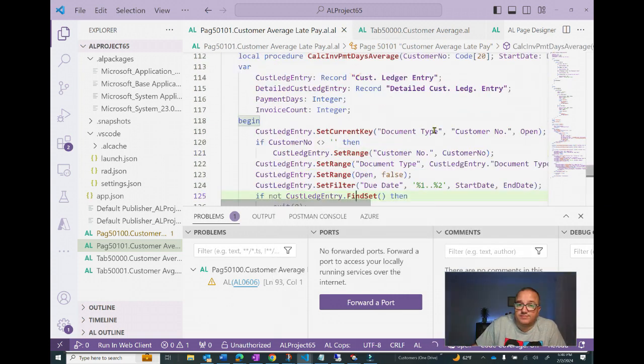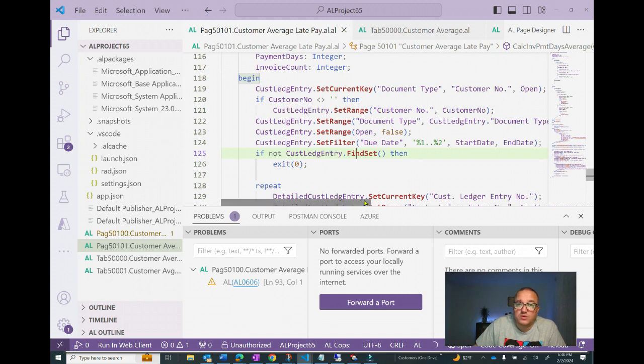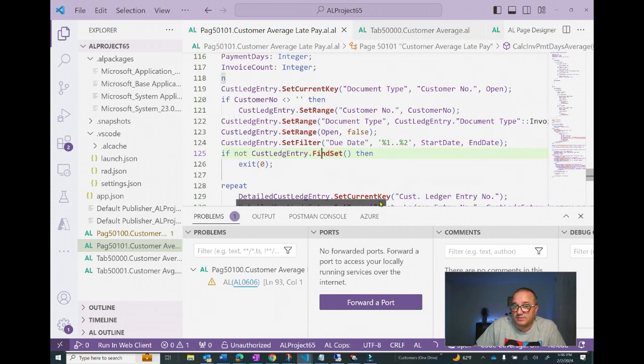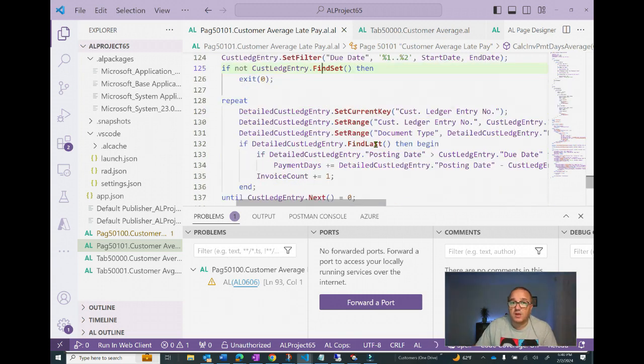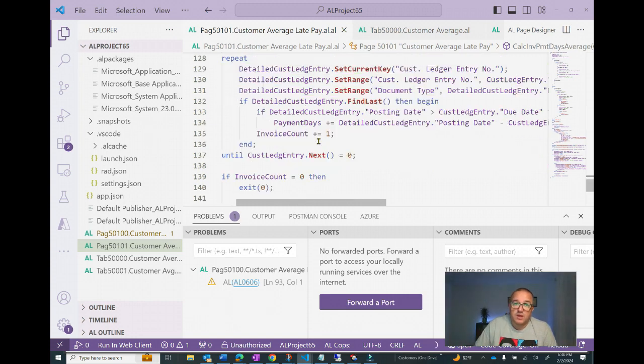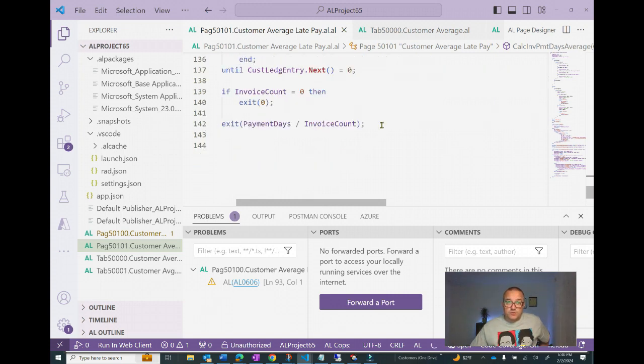I won't go through what the code does in detail, but it's looking at all the invoices, and for each invoice it's finding the payments, and then it's calculating the sum of all the payments' posting date minus the due date of the invoice, and it's also summing the invoices, and then it does the average, which is here.